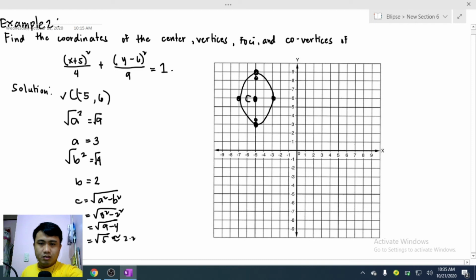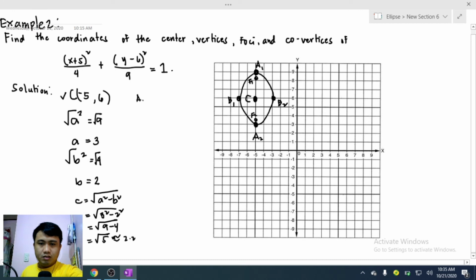Okay. Next, i-label natin kung nasaan yung ating mga vertices, co-vertices, and foci. So, we can have this as our A1, the vertex 1. A2. B1. Co-vertices. B2. And ito yung ating focus 1, and focus 2. Okay. So, ano yung mga coordinates nila? So, unahin muna natin yung ating vertices, no?